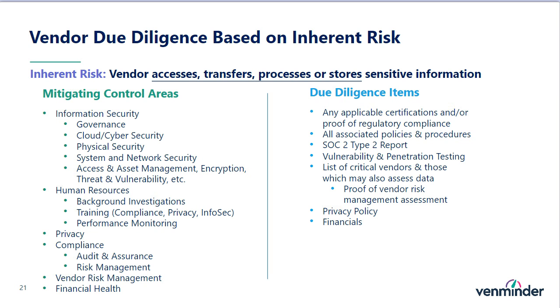We need their policies. We need proof of regulatory compliance. We need to see how they manage their third parties. And we need proof that they risk assess those third parties and monitor them. We also are going to need some very specific and technical information regarding system vulnerability and penetration testing. So in this example, we're looking at kind of the whole kit and caboodle of information, and it's a lot to digest. But let's compare this to the next example.